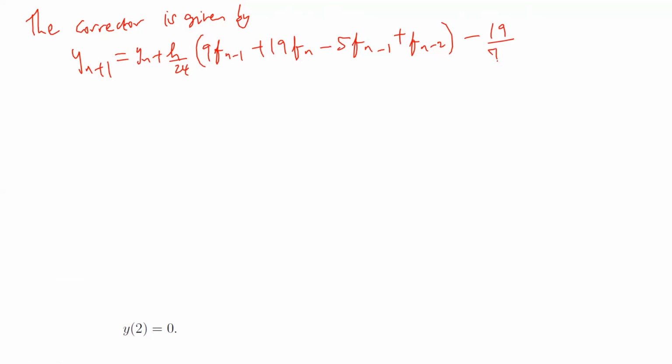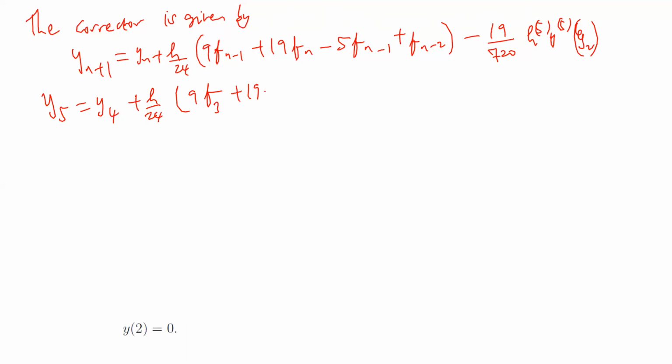We remove the 720 here. H5, Y5, XI2. So now you'd have here the corrector Y5, which would be Y4, just one less, H24, Y1 less, 3. 1 less, 2.